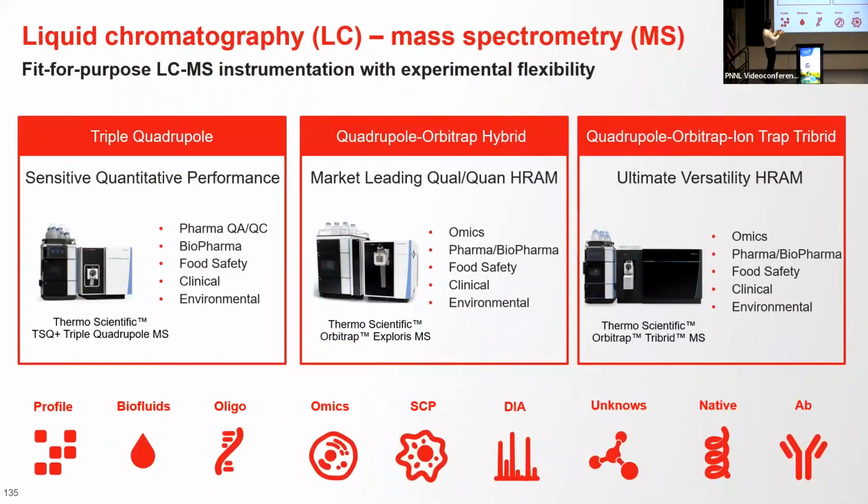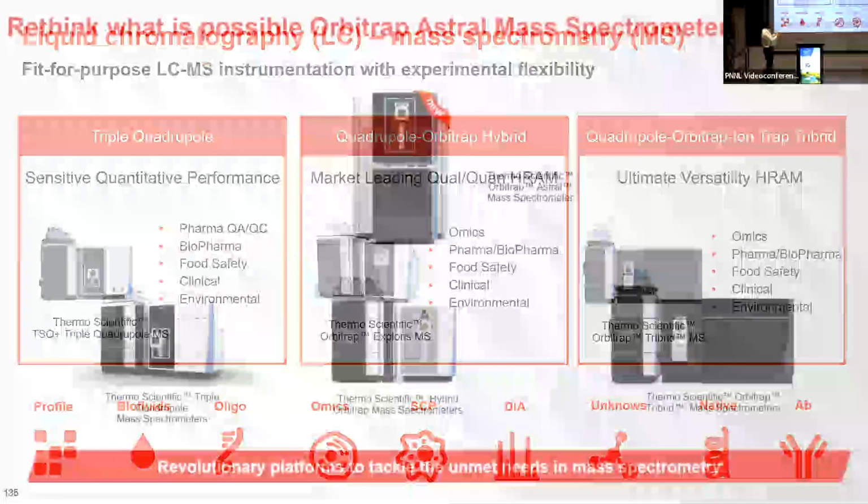As far as LCMS, we can categorize the solutions we have into three categories. For quantitative, we have triple quad instruments. For high resolution accurate mass, we have two varieties of Orbitraps: the hybrid instruments, which is a quadrupole Orbitrap instrument, or the tribrid instrument, which is a quadrupole Orbitrap ion trap instrument.